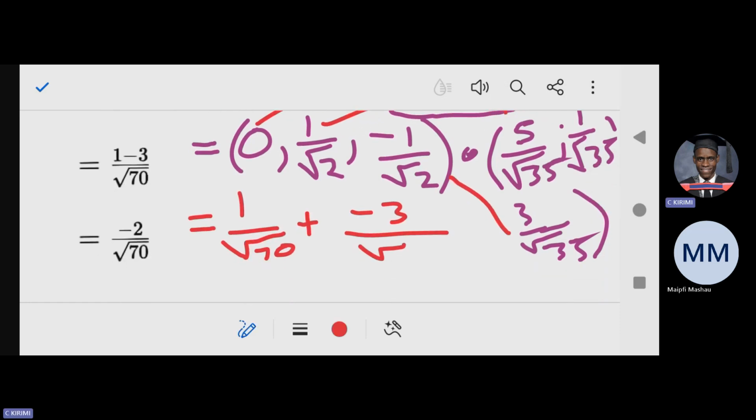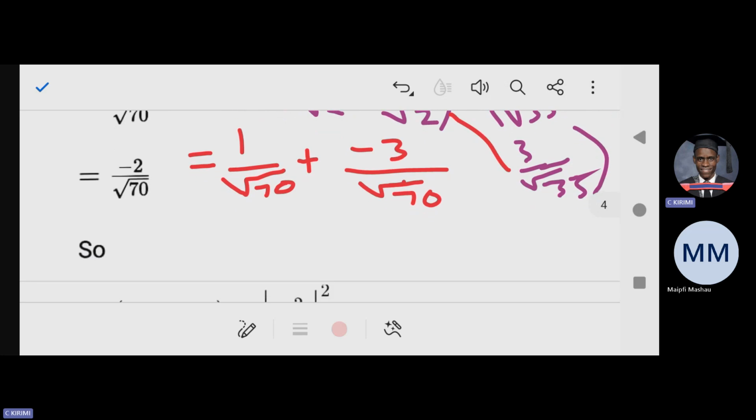So we are subtracting those two. Positive and negative change sign. That's why we are only getting 1 minus 3, with the common denominator 70. Then from there, negative 2 over root of 70.